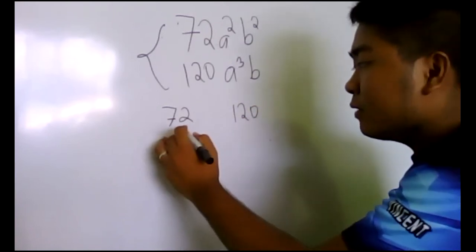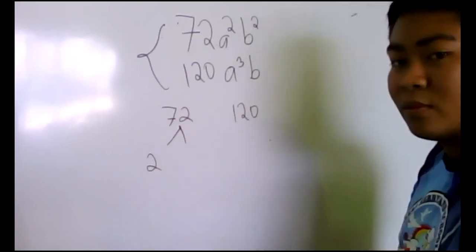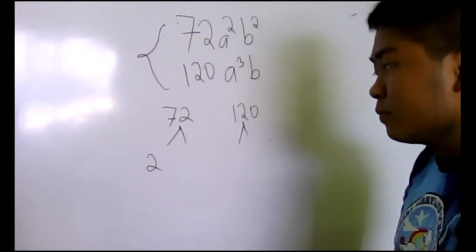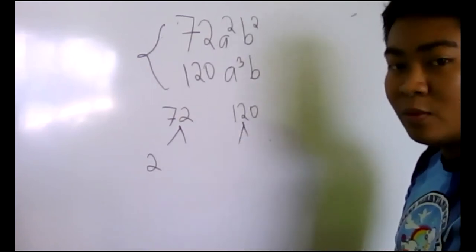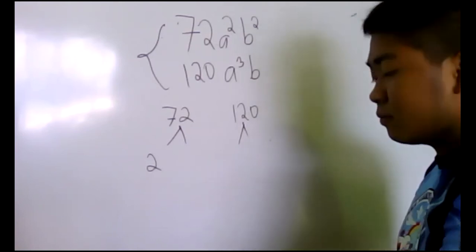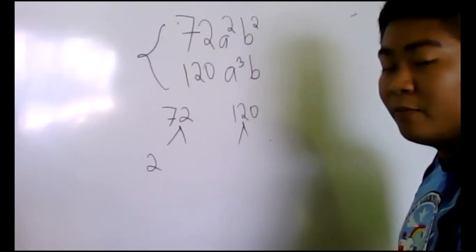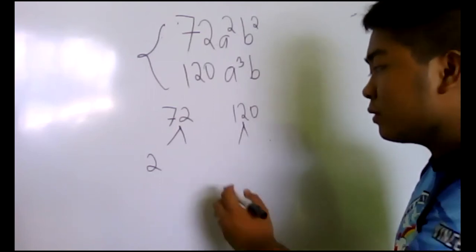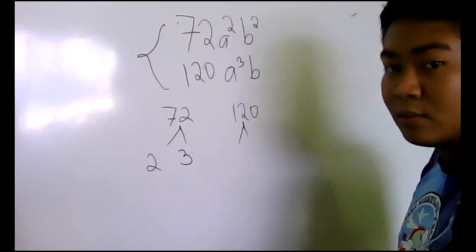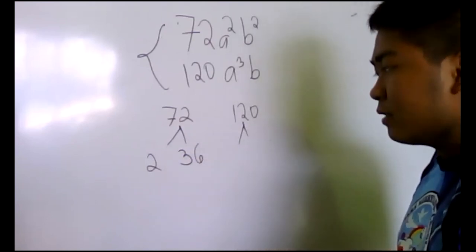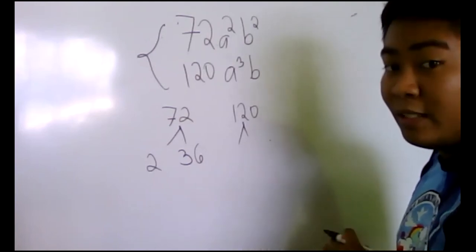We have 2 times. So yan ang pinakamadali, 2. So 2 times what? So 72 divided by 2, we have 36. Am I right? Okay, so that is 36.